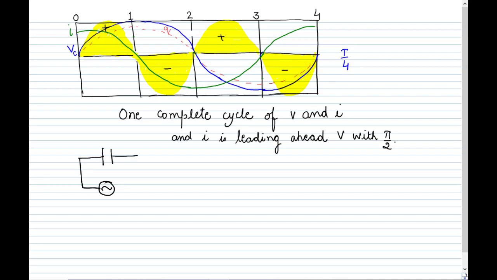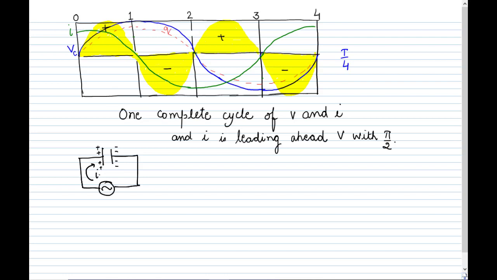So this is a capacitor and it is connected to an AC voltage source. So the current will flow like this. So this is the positive and this is the negative plate of the capacitor. So for 0 to 1, we can say that the voltage goes from 0 to maximum positive and the current flows from maximum to 0.